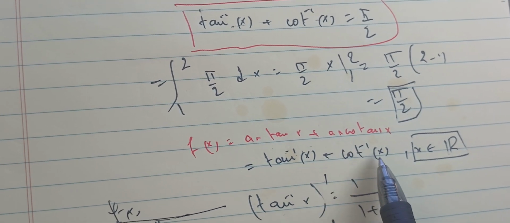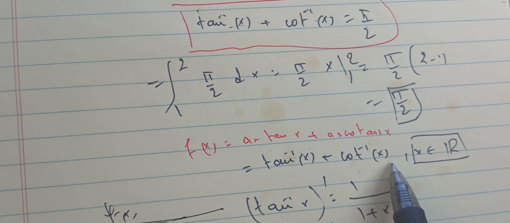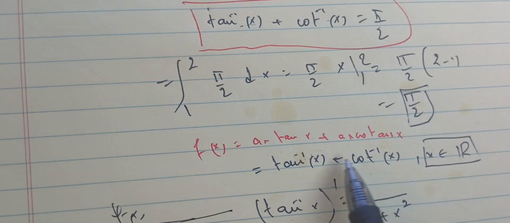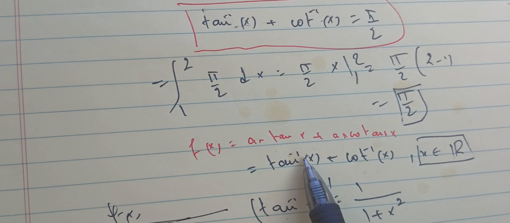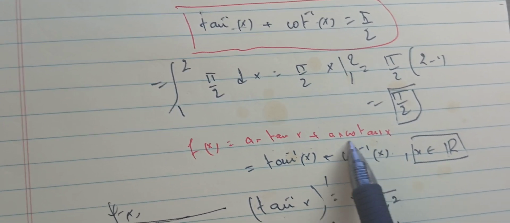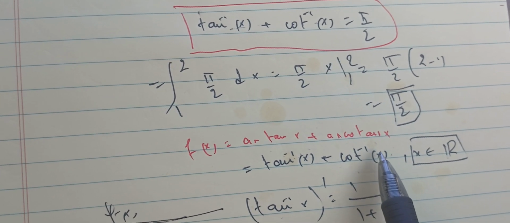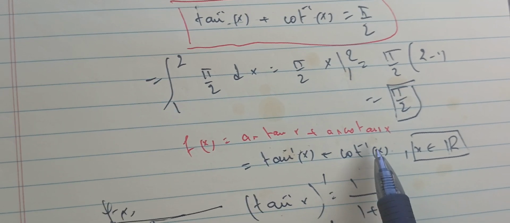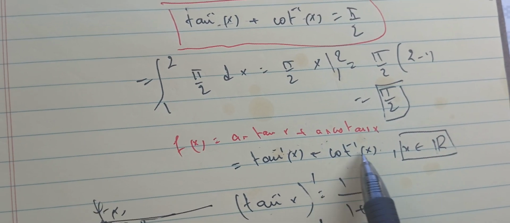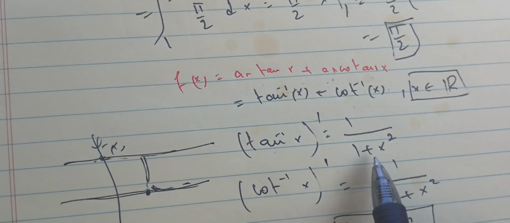The only exception is that arccotangent is defined on R and has values between 0 and pi, while arctangent is defined on R and has values between minus pi over 2 and pi over 2. If we let y equal the arccotangent of x, we can find the derivative by implicit differentiation. It's very simple, and we get the result here.